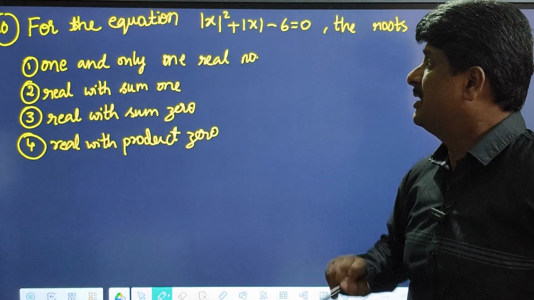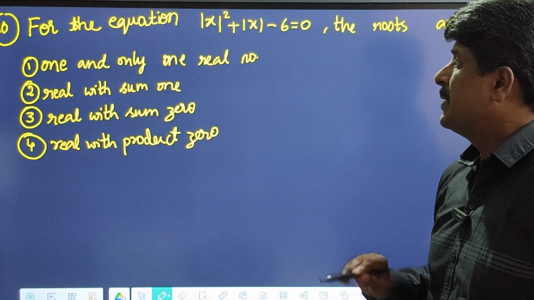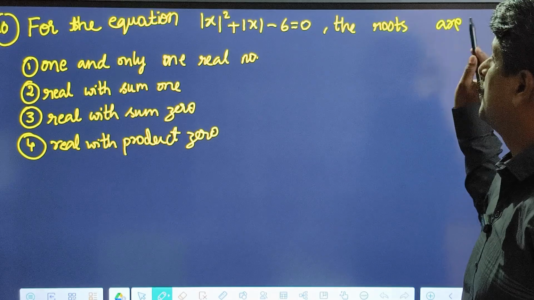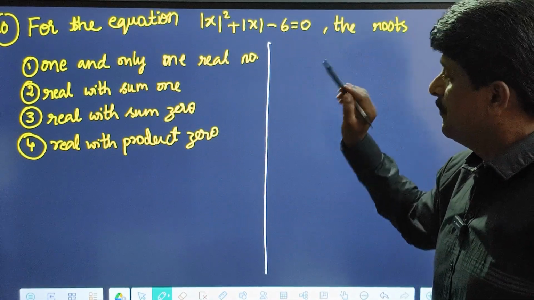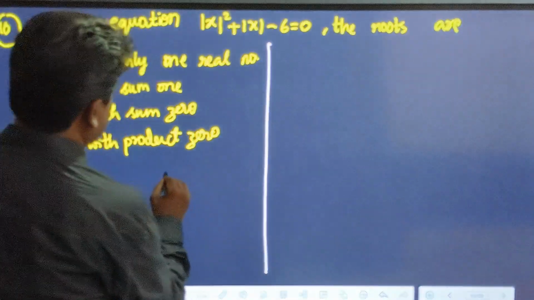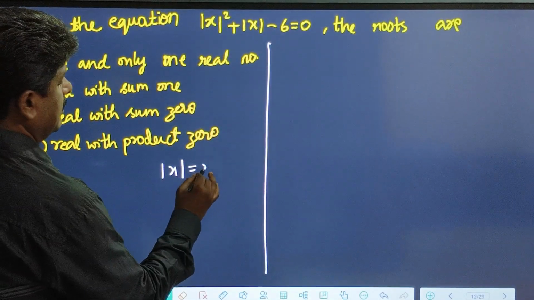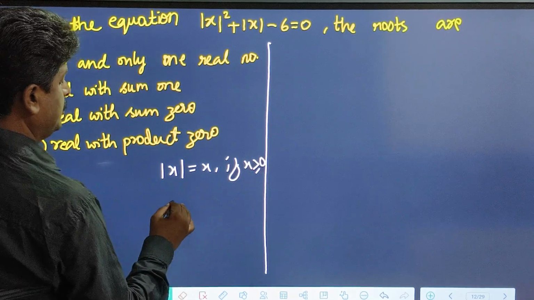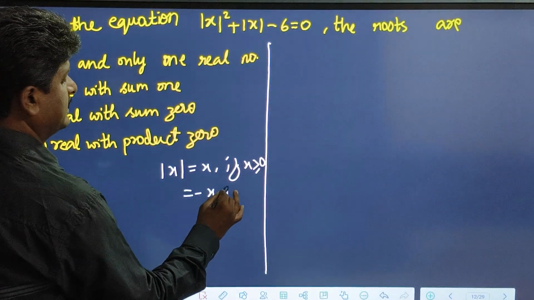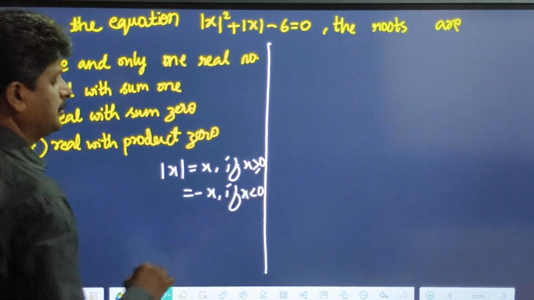For the equation mod x square plus mod x minus 6 equals 0, the roots are. Do observe that we know very well that mod x equals x when x is greater than or equal to 0. Mod x equals minus x when x is less than 0.